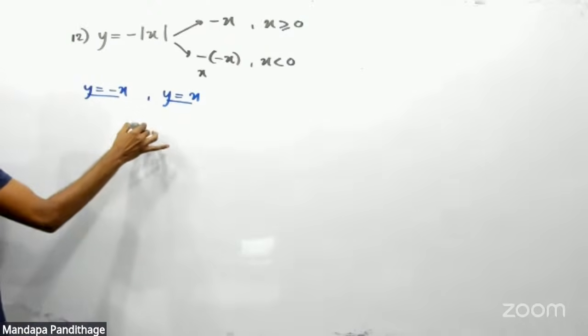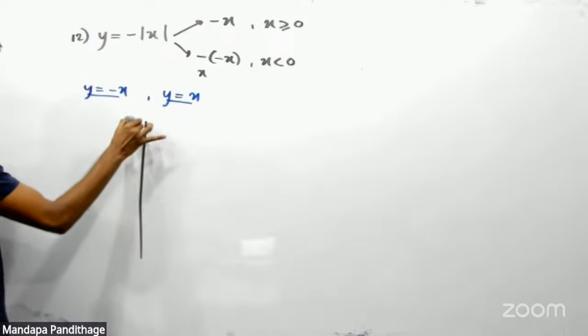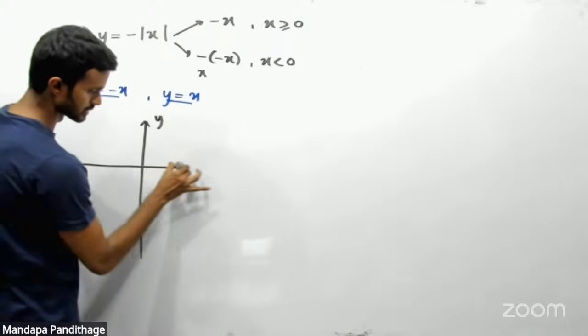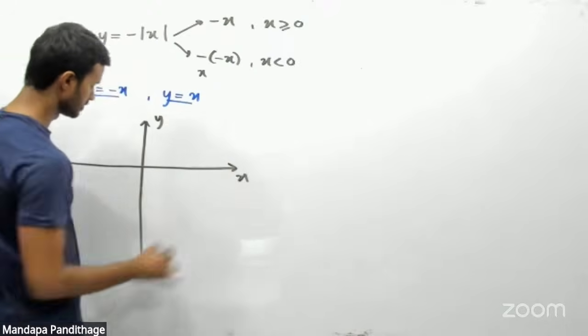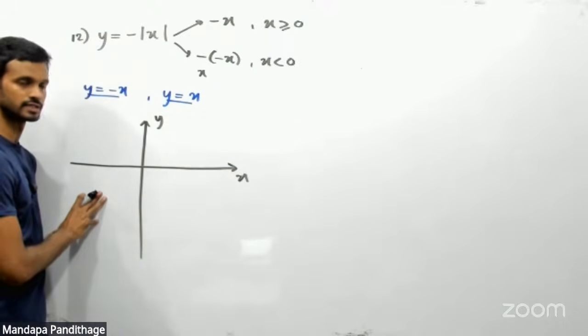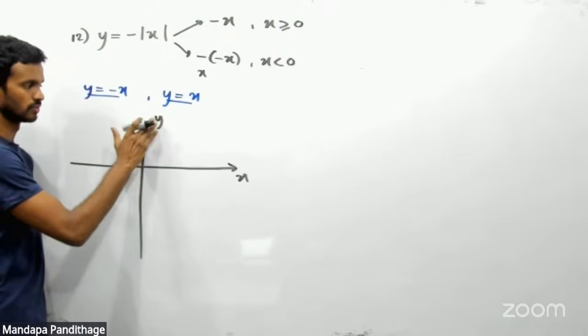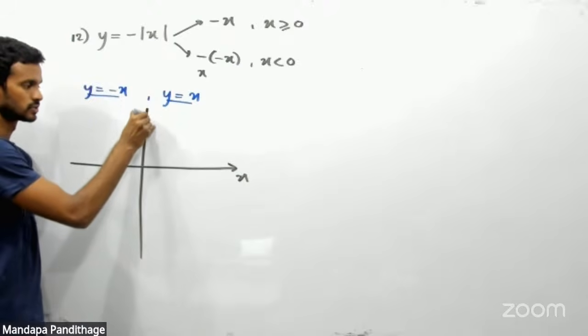If you have done this lesson on modulus graphs, then you know what happens here, but let's say there's someone who is learning this lesson for the first time. You draw y equals minus x. What is the turning point?